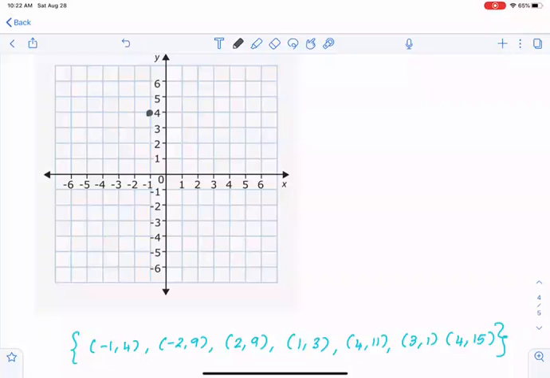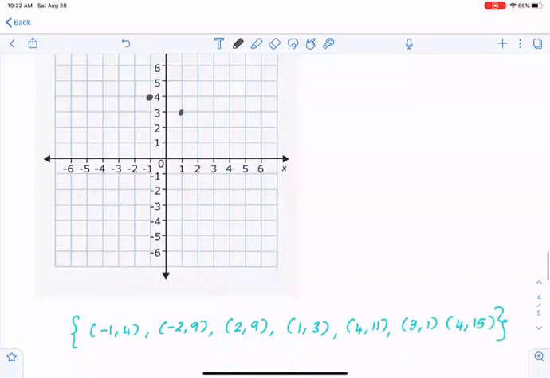Well, I'll just arbitrarily put it somewhere up here. And +2 is also giving us 9. 1 gives us 3. Perhaps I need to move this.